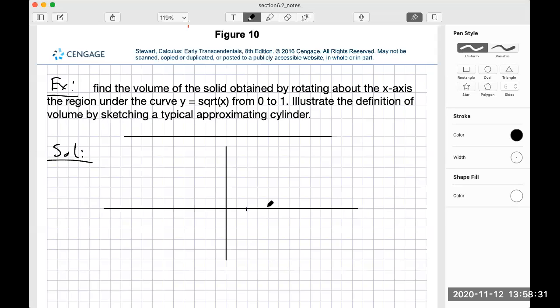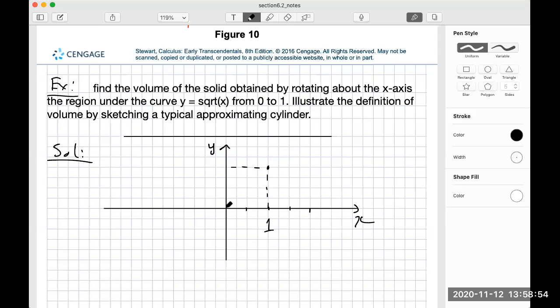So at x is 1 here, what is the value of y? Very good. At 1, y will be 1. Therefore, this is a point of the graph.